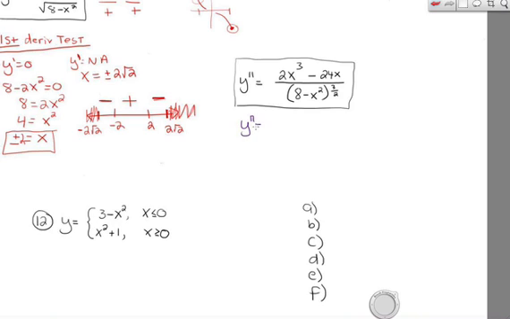So we set the second derivative equal to 0, and we set the second derivative equal to undefined. So the numerator is all I care about for 0. And I can factor out a 2x, leaving me with x squared minus 12, leaving me x equals 0, and leaving me x equals positive and negative the square root of 12.